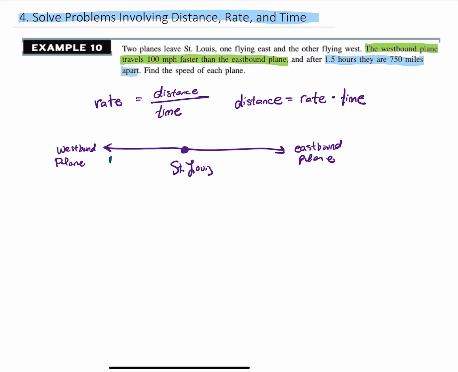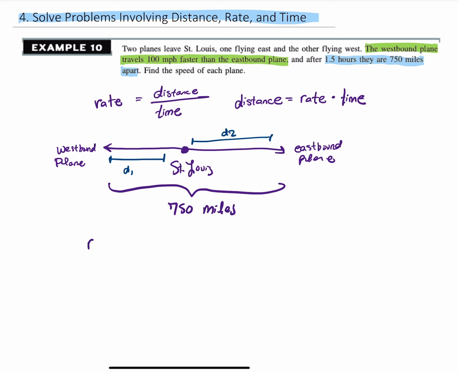One travels some distance, call that d1, and the other travels some other distance, d2, over this 1.5 hour period of time. And we know the total distance between them after 1.5 hours should be 750 miles. And we need to find the speed or the rate of each plane.